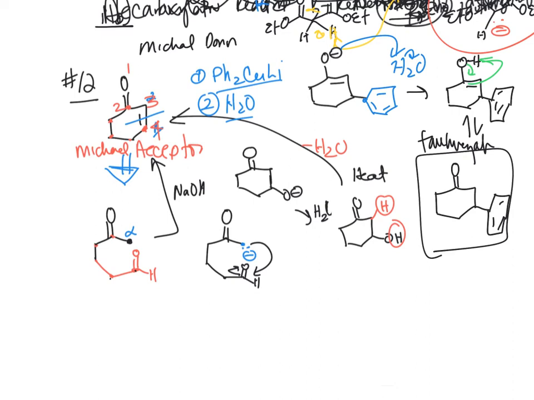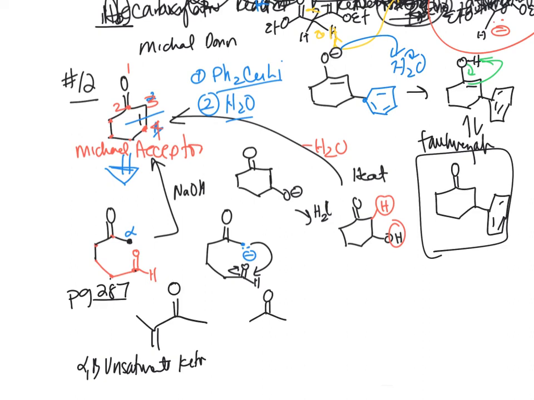Okay, B, let's do B on page 287. All right, so we have our alpha beta unsaturated ketone, and we're reacting it with this, which is an acetoacetic ester.